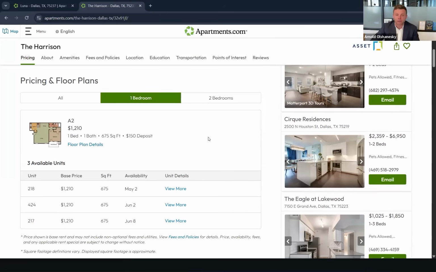But I want to give you an example of when red flags could come up. If you looked at this as a passive investor, just quickly, 3-5 minutes on apartments.com, and you saw that the comparable was the same size as the target property, and the rent was almost $400 more, that would be a major red flag.